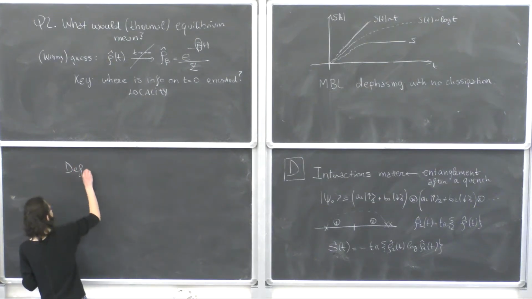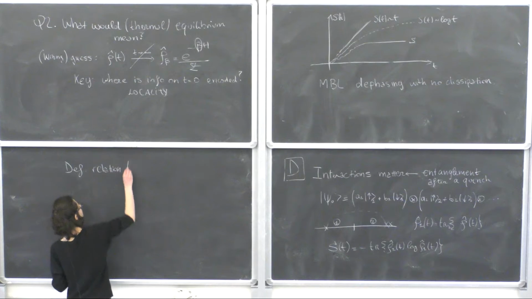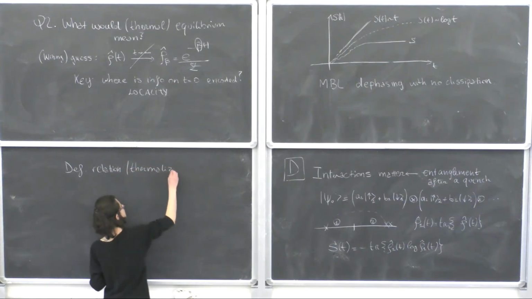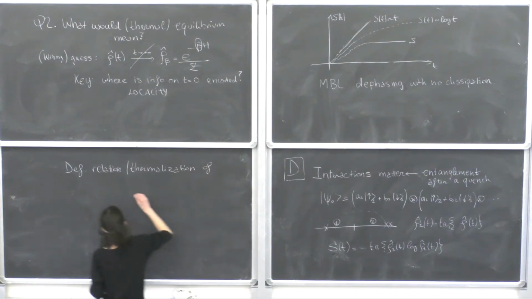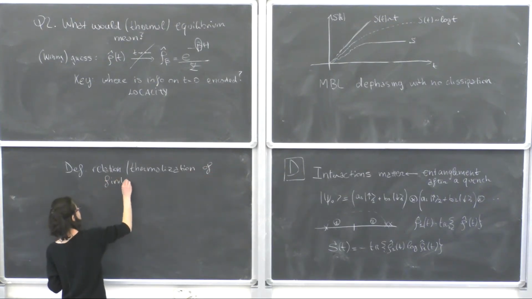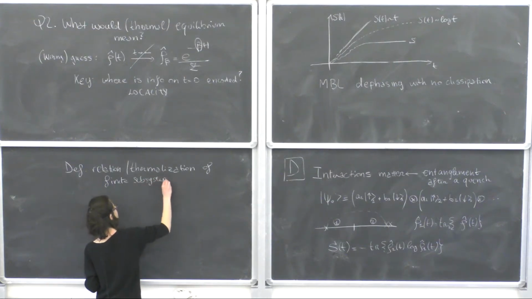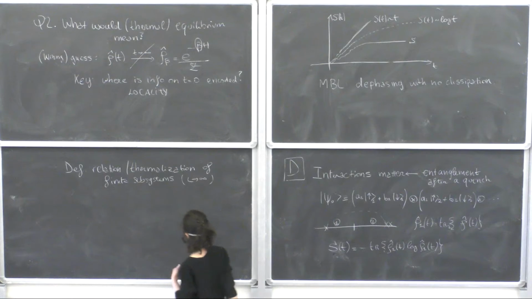So this has to do with relaxation or thermalization of finite subsystems when the size of your system goes to infinity.